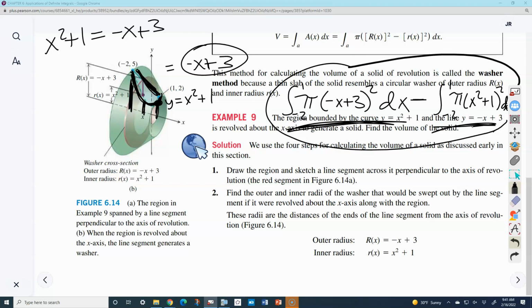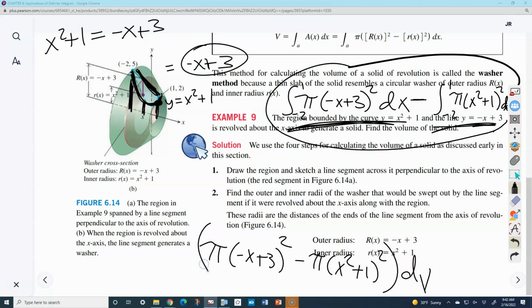You could, if you wanted to think this way, make this into one single integral instead of two separate ones. Because the limits are the same, it could be pi times negative x plus 3 squared minus pi times x squared plus 1 squared dx. That whole thing could be integrated from -2 to 1.